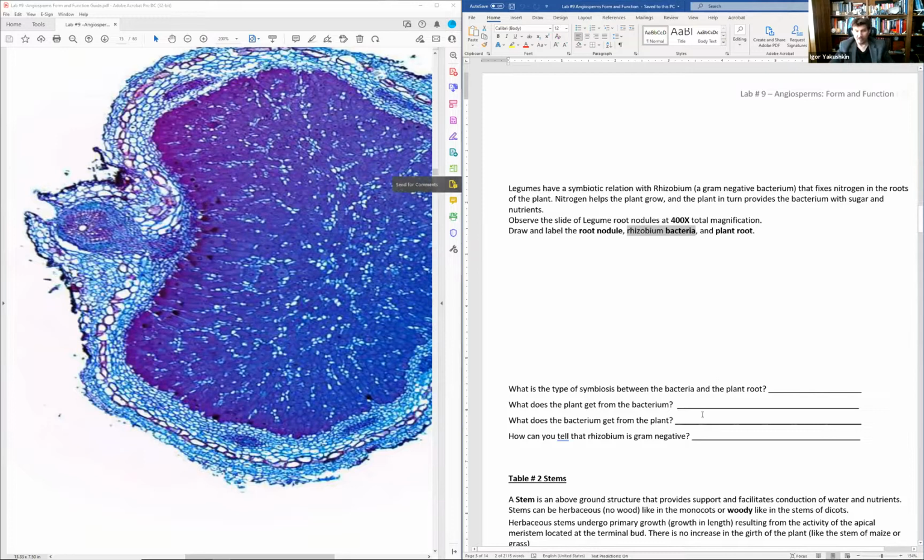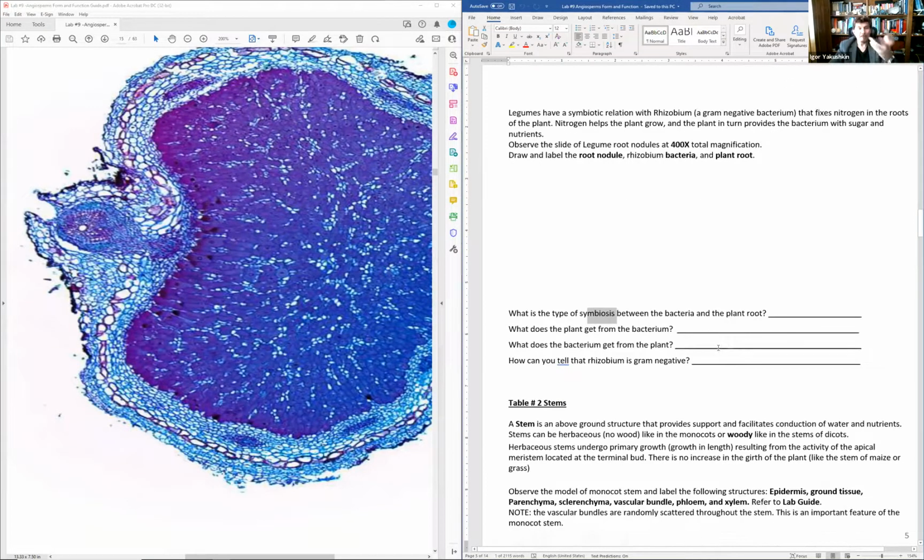So what type of symbiosis? Mutualism, mutually beneficial. What does the plant get from the bacteria? Nitrates, NO3, nitrates. What does the shelter?